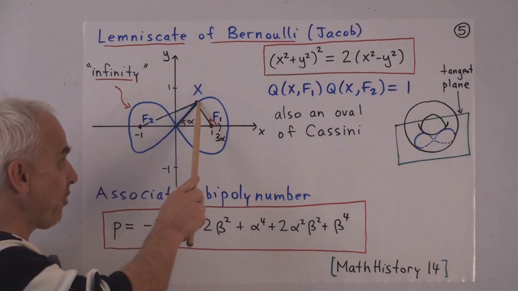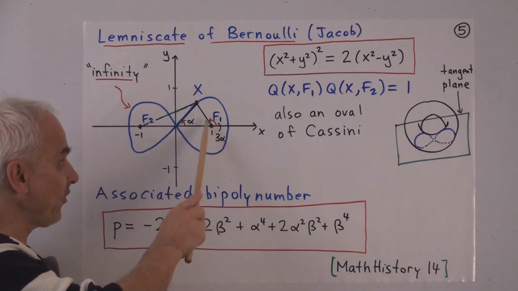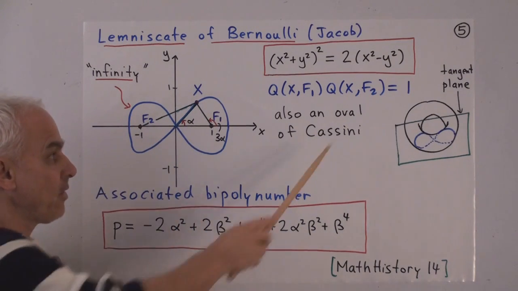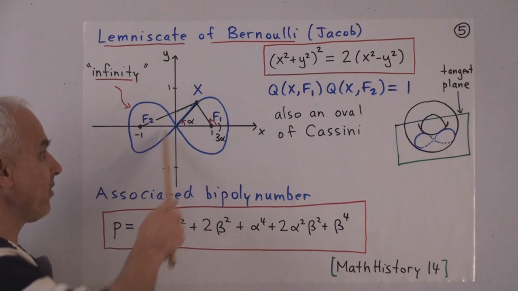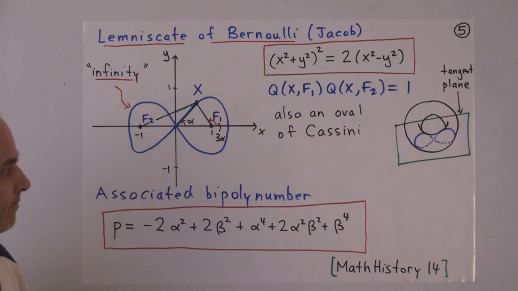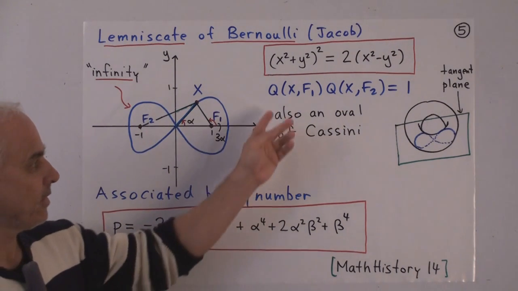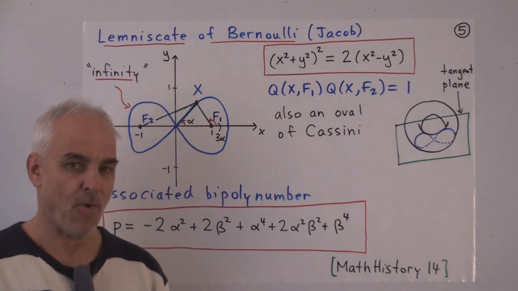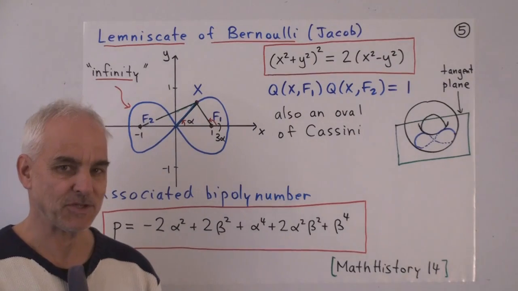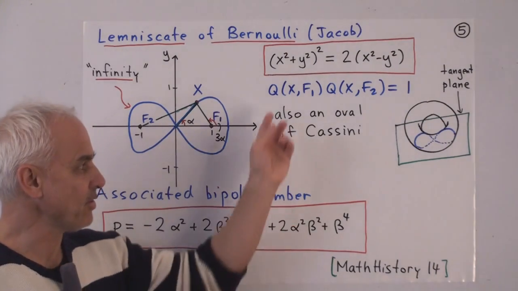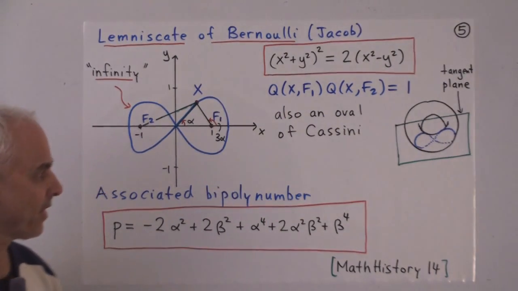We're looking at some variable point x, and we're looking at this quadrance times this quadrance equaling 1. That condition maps out this lemniscate. If you can't remember what quadrance is, well, shame on you. Then you need to go back to the geometry section of this series and remind yourself about that important notion.